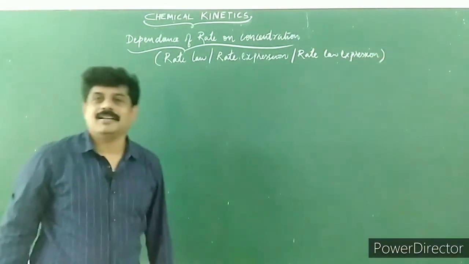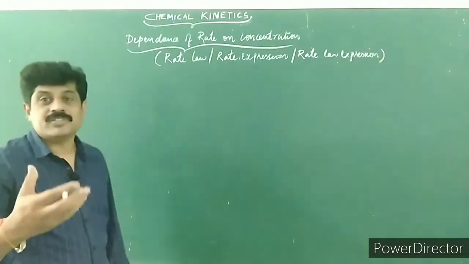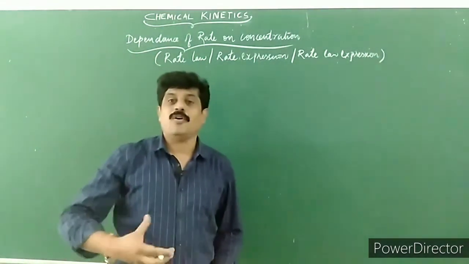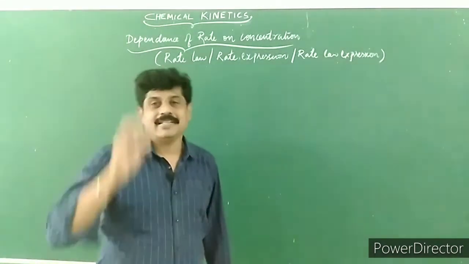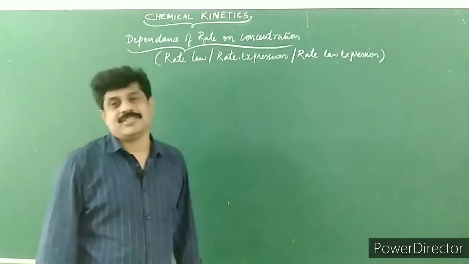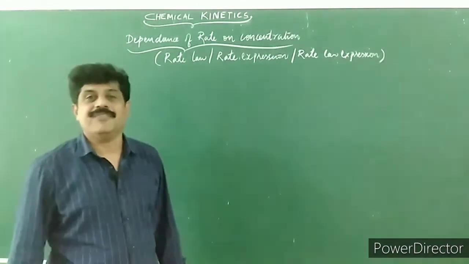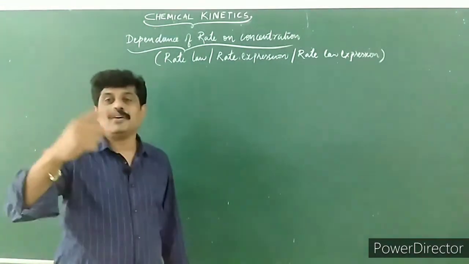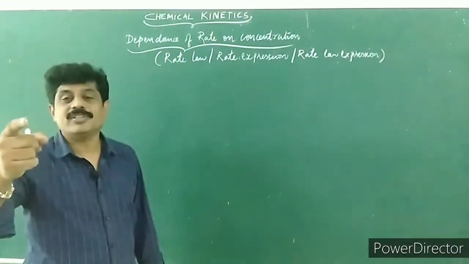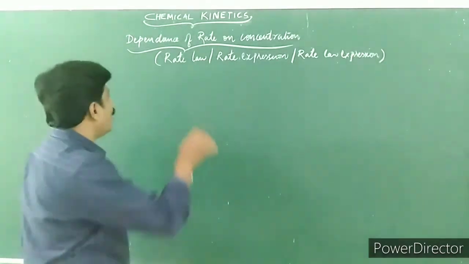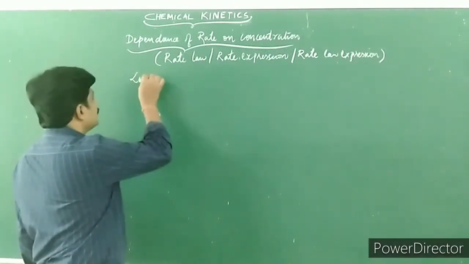So rate law is a mathematical expression relating the rate of the reaction and the concentration of the reactants at a given temperature. Children, two scientists, Guldberg and Waage, gave a quantitative relationship between the rate of reaction and the concentration of reactants at a given temperature, which is called the law of mass action.